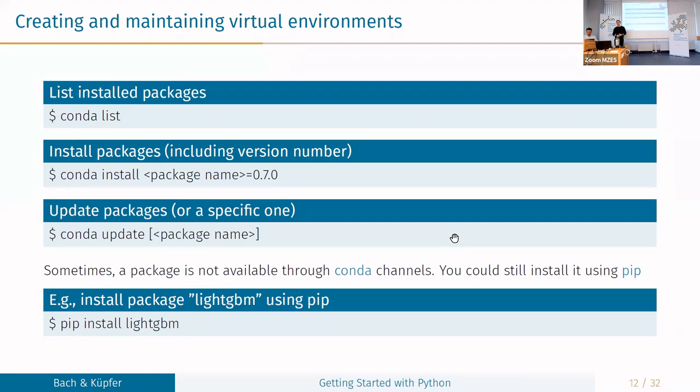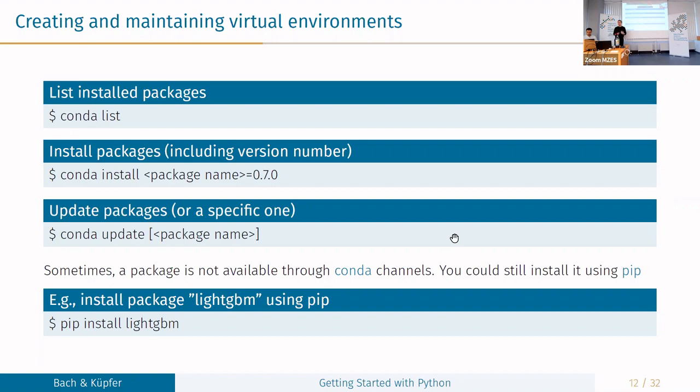And in some instances, it may happen that a package is not available through the Conda channels, because Conda is this own data science environment, and they use different channels than the standard packaging channels to install packages.